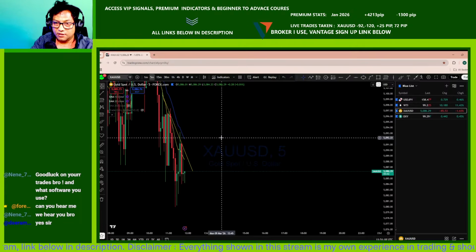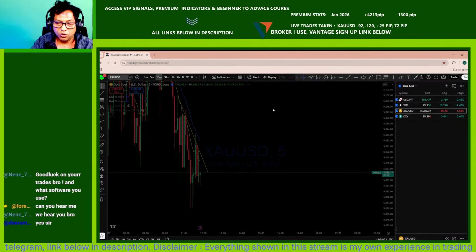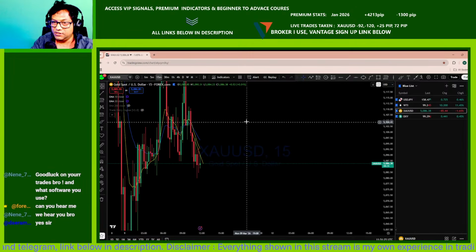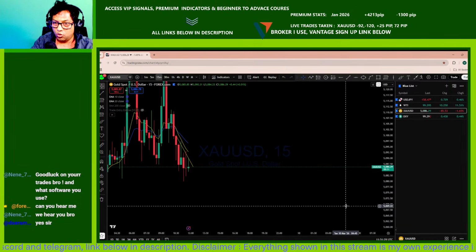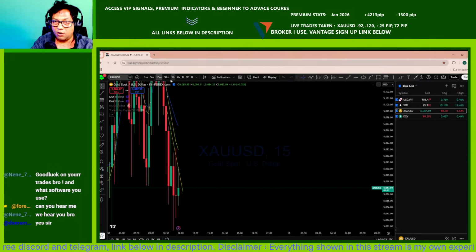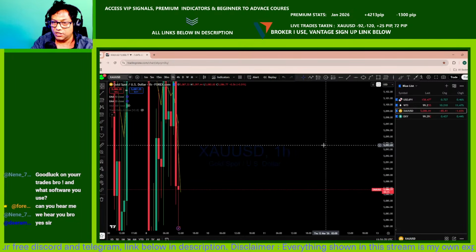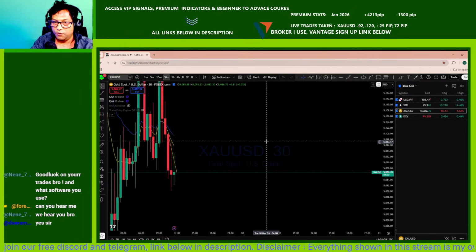If the market penetrates back below here, we may see it eventually create a new lower low, or we could see a breakout here. This is what we are looking to see, what the market is finally going to do.